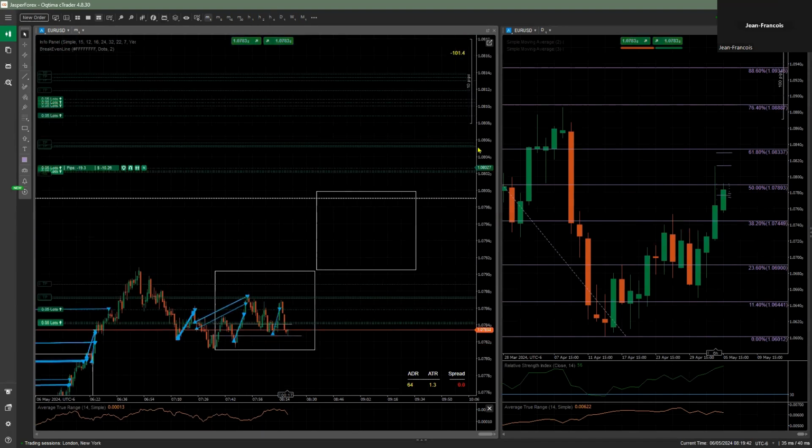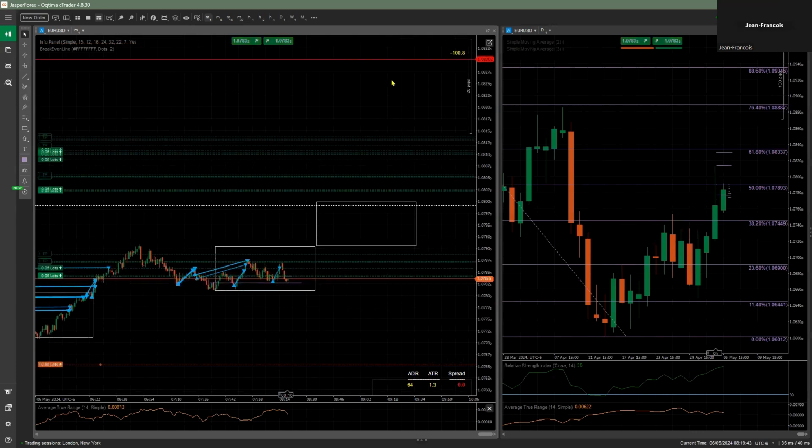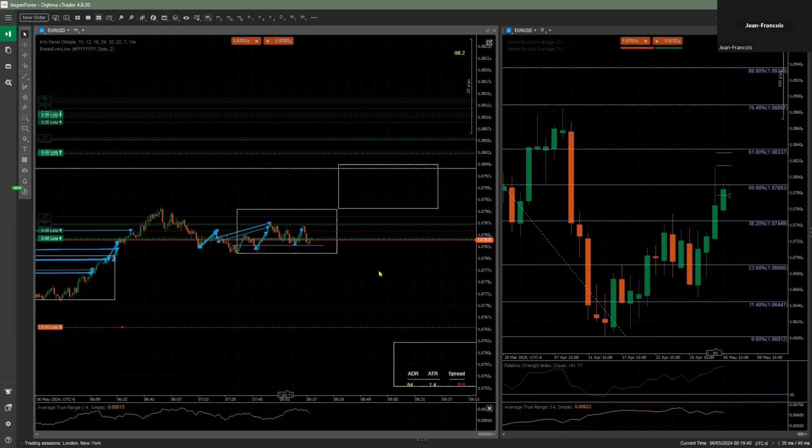We have our target up there. It's only a few boxes away. Doesn't take long to move that much.